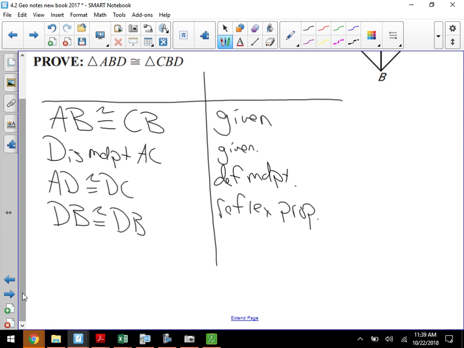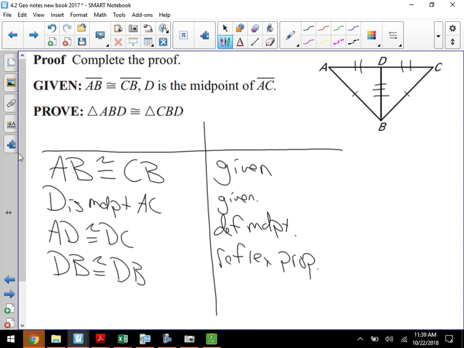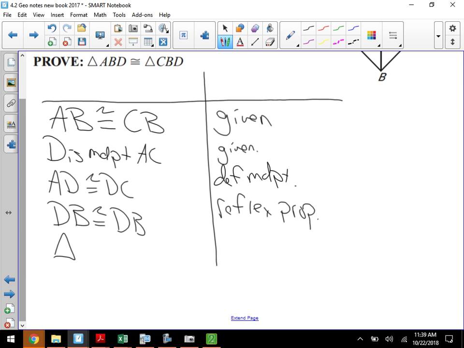It's just a reminder, as soon as you say you have midpoint, use it. All right. So now, do you have triangles? Yeah, just write it down. ABD, CBD. Triangle ABD. And what's the reason? Yep, side, side, side.